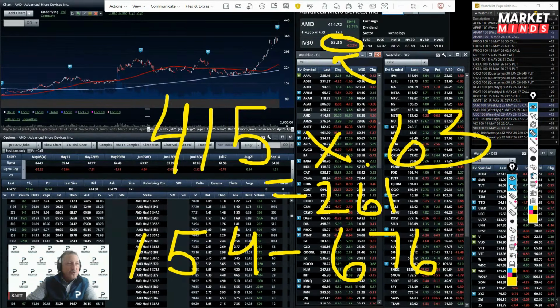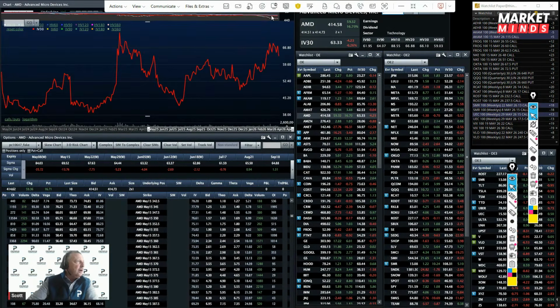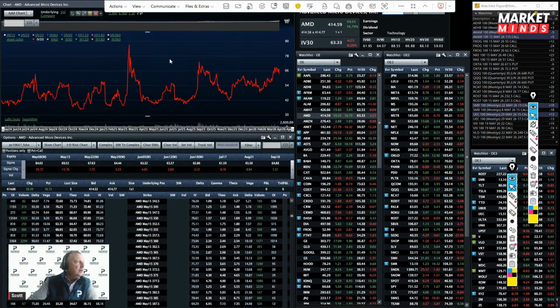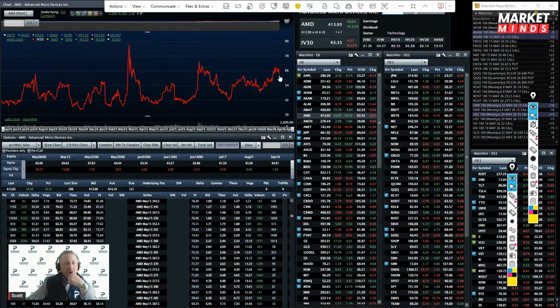Huge range, right? Well, where does the 63% vol that we're trading at right now fall? Is that high? Is that low? Here is a 2-year implied volatility chart. Well, I'd say that 63% is still pretty darn expensive.